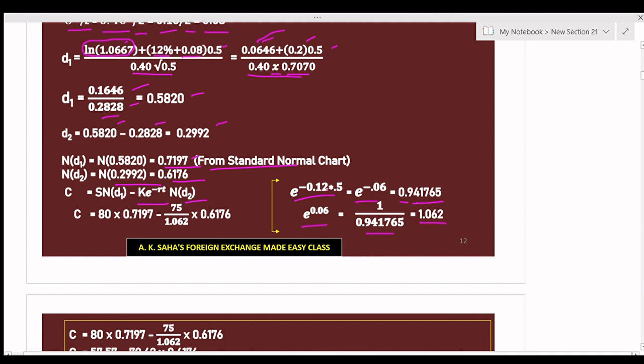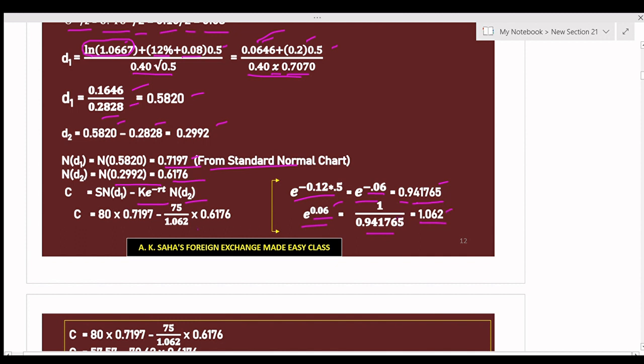This value you can derive from the Excel. The syntax is EXP bracket minus 0.06. If you put the value 0.06, you will get the value of 1.062.